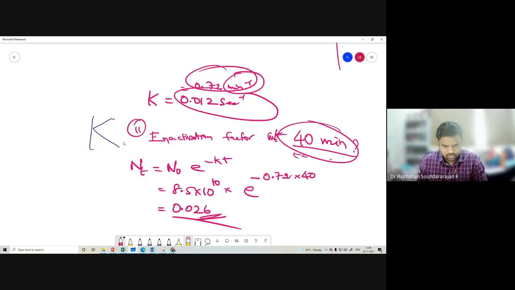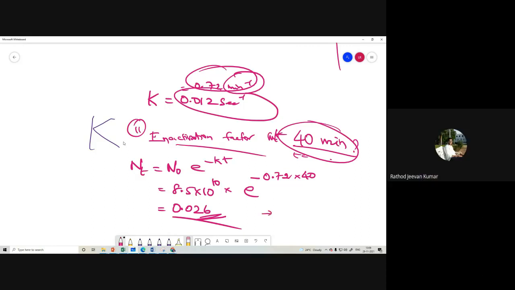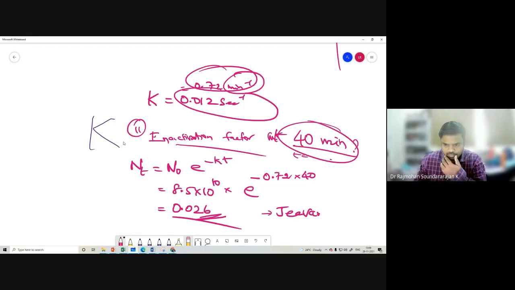No, it is just an inactivation factor. Okay, so we have an inactivation factor of 0.0216. Up to 0.023 to 0.026 you will get depending upon the value you are substituting. Okay, good. So that way we can follow the kinetics to determine some of the values also.